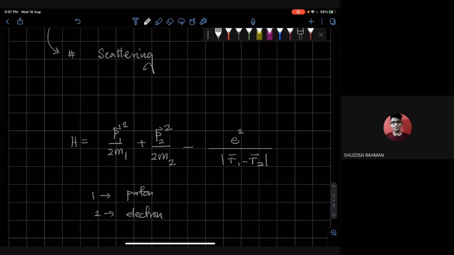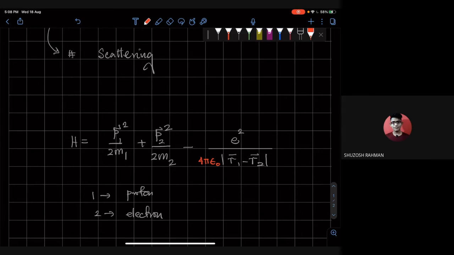And if we were to use MKS unit, it's not very hard. We just have to have 4 pi epsilon naught here. Okay, so I'm not going to use MKS unit. But later, when I write down the energy eigenvalue formula, I'm going to show what the expression looks like if we had used MKS unit.